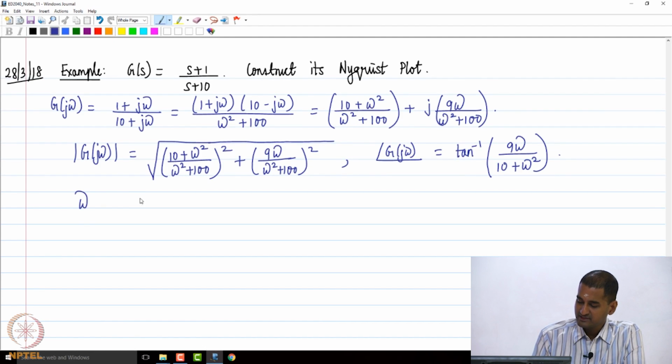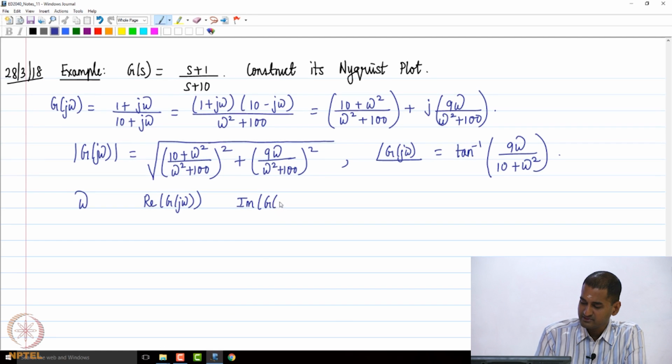So let's look at the real part of G of j omega and the imaginary part of G of j omega, and see what happens at various frequencies.